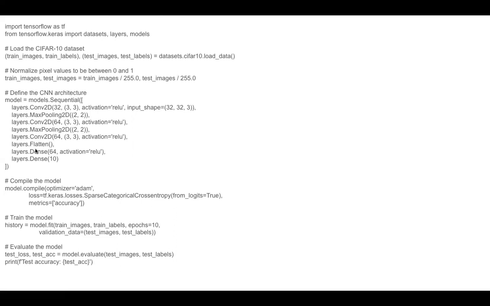Then you flatten the layer, which means convert all this matrix into a one dimensional array. And then you define the dense layer, which means again every neuron is connected to the other. And then your model is done. You compile the model, you train the model with training images.